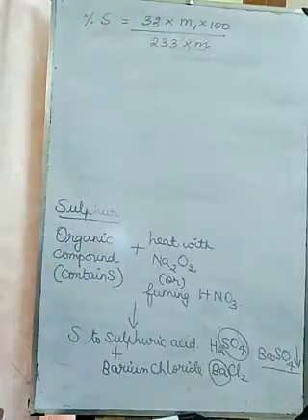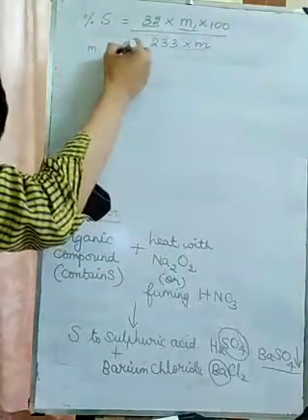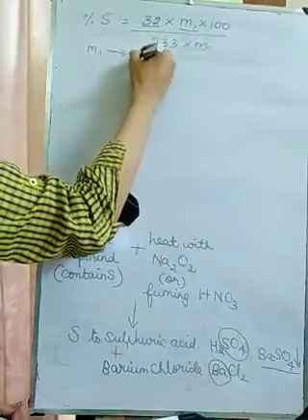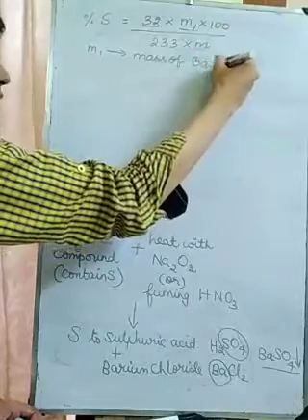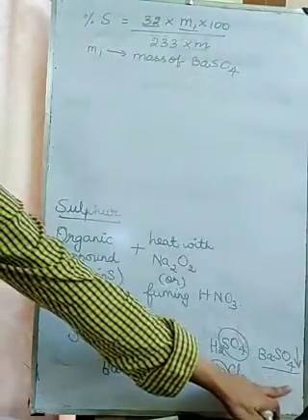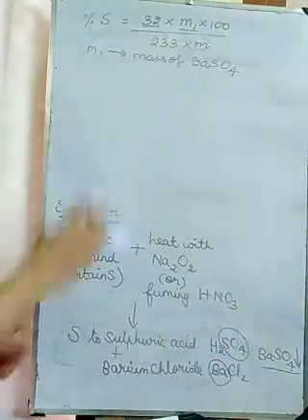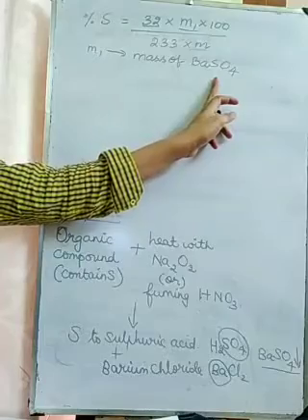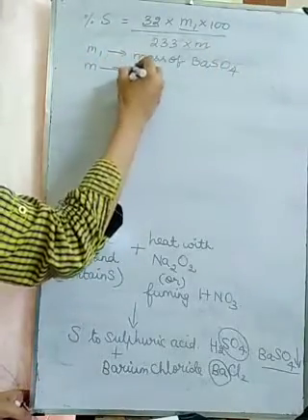This is the mass of sulfur. M1, what is this M1? M1 is the mass of barium sulfate that is formed. So how much barium sulfate is precipitated? That is M1. This 233 is the molar mass of barium sulfate, and M is the mass of the organic compound.